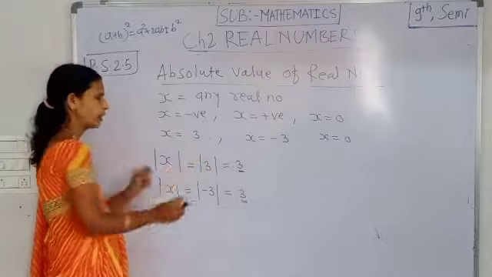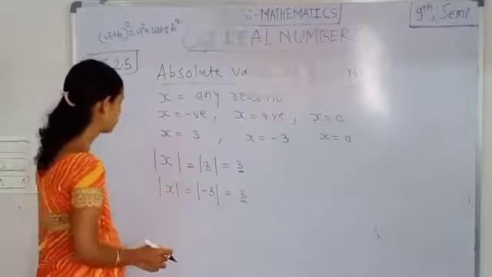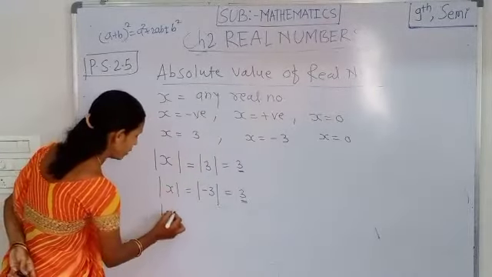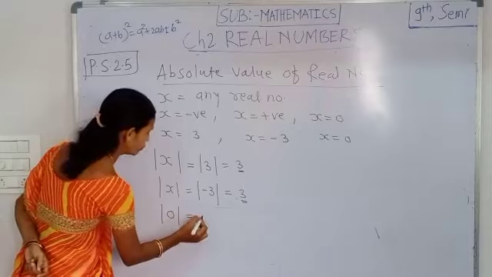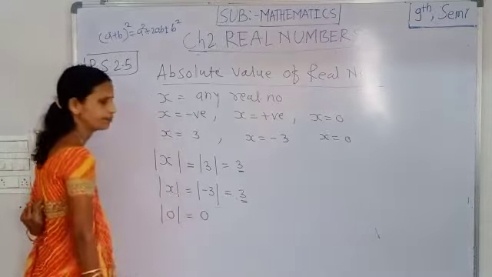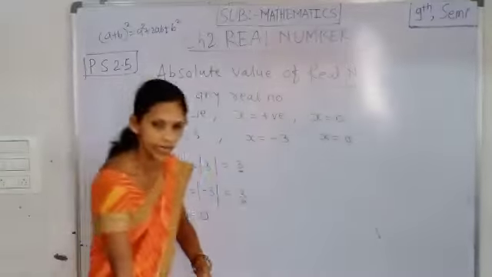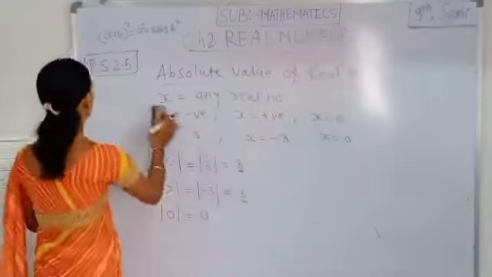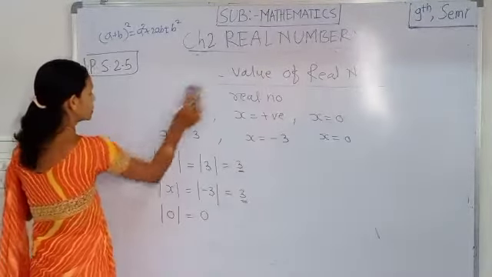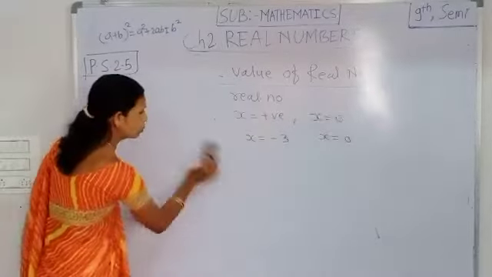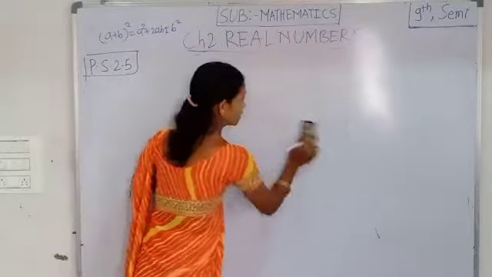And absolute value of 0 is 0. Then we have to solve that type of examples given in practice set 2.5.